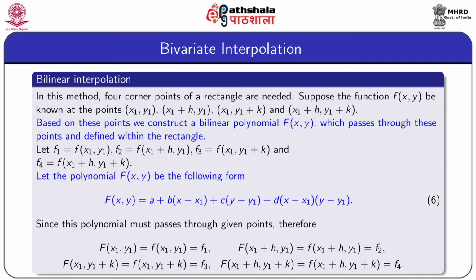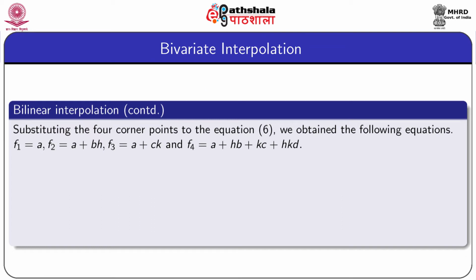This polynomial must pass through the given points. That means capital F(x1, y1) equal to f1, capital F(x1 plus h, y1) equal to f2, capital F(x1, y1 plus k) equal to f3, capital F(x1 plus h, y1 plus k) equal to f4. So, using these 4 corner points in equation 6, we obtain the following 4 equations: f1 equal to a, f2 equal to a plus bh, f3 equal to a plus ck and f4 equal to a plus bh plus kc plus hk into d.